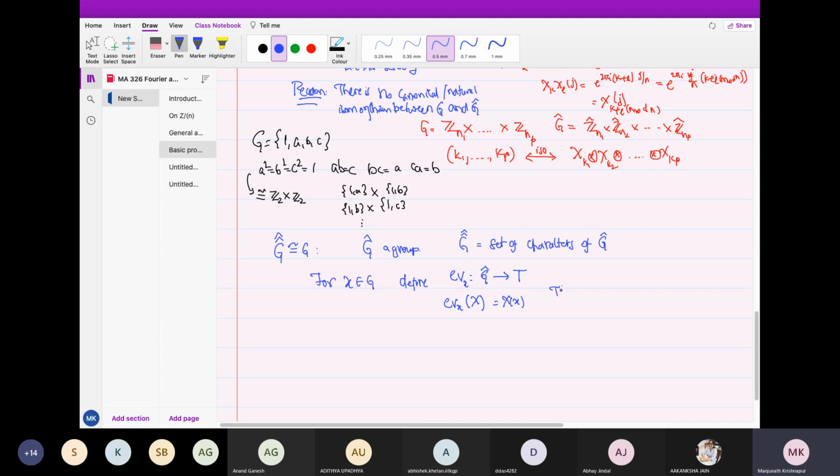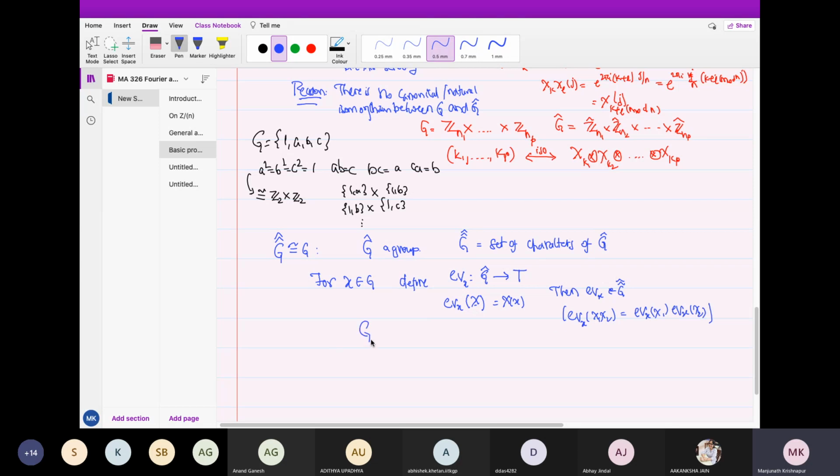Then EV_x is a homomorphism, so let me write it belongs to G double hat. Why is that? What I'm saying is EV_x of chi1 chi2 is EV_x of chi1 times EV_x of chi2, which is indeed true. This is chi1 chi2 at x, which is chi1 of x times chi2 of x by definition. So every x in G gives you an element of G double hat.